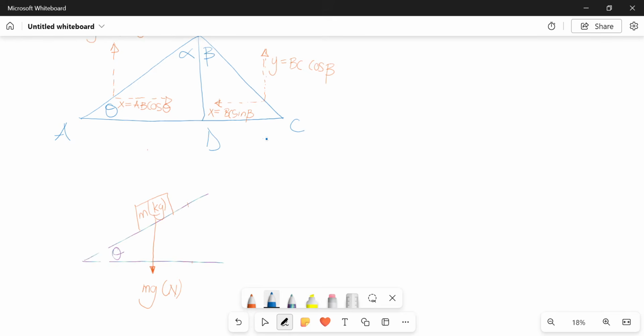If you look very closely, what this represents is this second triangle, because we're getting our angle there and expressing components of this force mg.